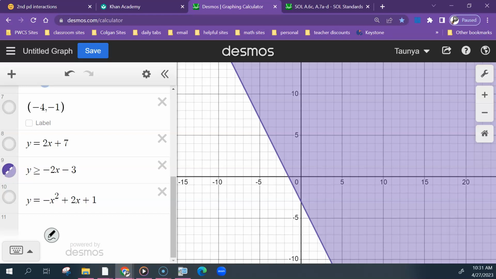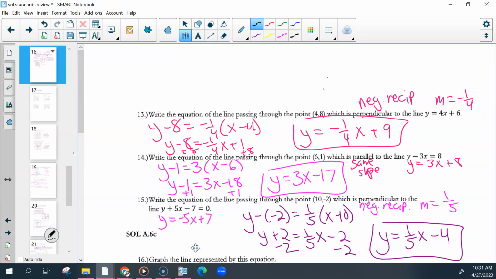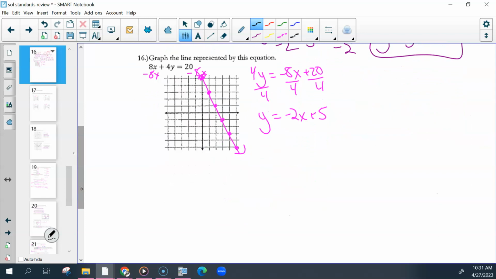We're going to try and go through as many of the SOL standards as possible. So starting with 6c, that was your graph the line. So this is the algebraic work for it. You would subtract 8x to both sides, divide everything by 4, and get y equals negative 2x plus 5.